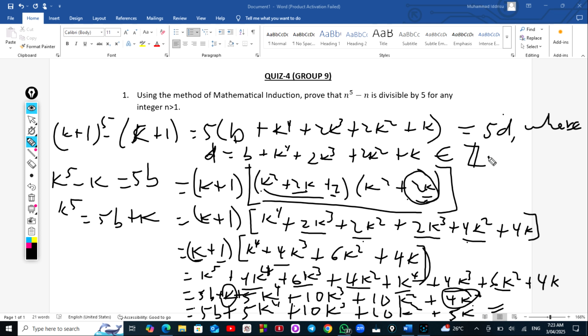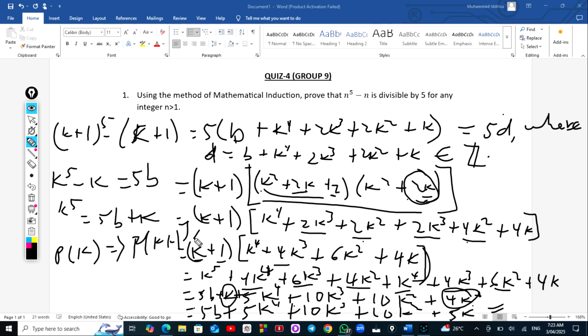So you just conclude, just take here. So since our p of k implies p of k plus 1, hence n to the power 5 minus n is divisible by 5 for any integer n greater than 1. That's your conclusion.